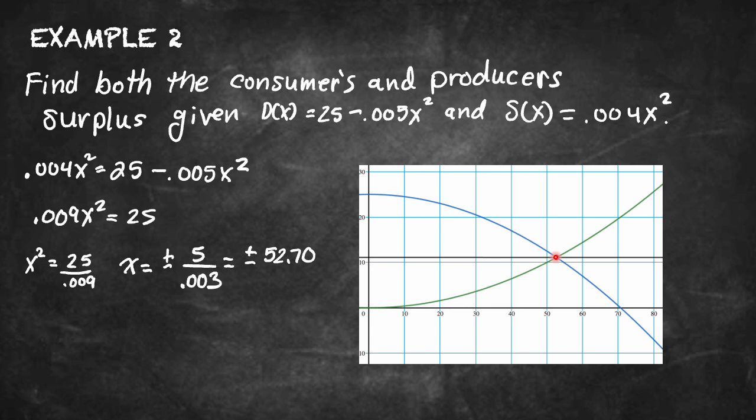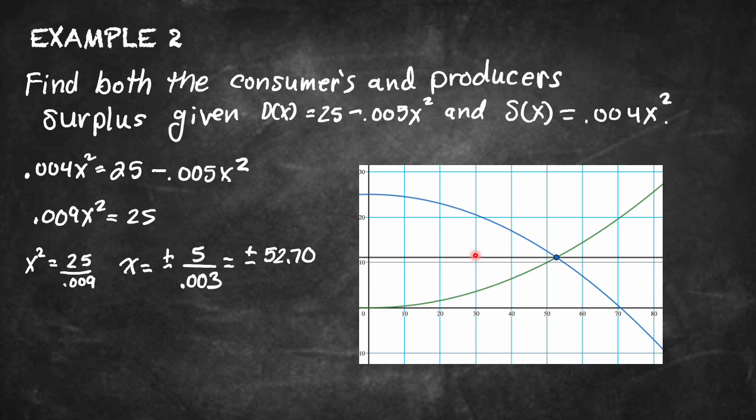Now we have the x-coordinate of our equilibrium point. We also need to know the y value so we can subtract what the customers are actually paying, so that we know what the customers are paying. That would be this horizontal line.